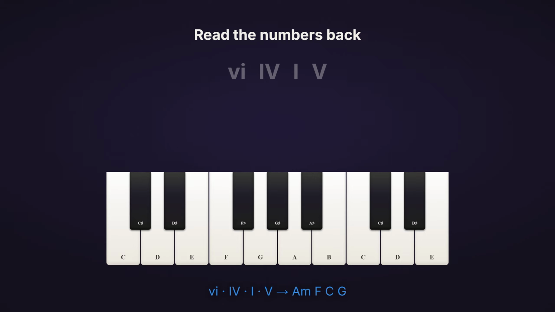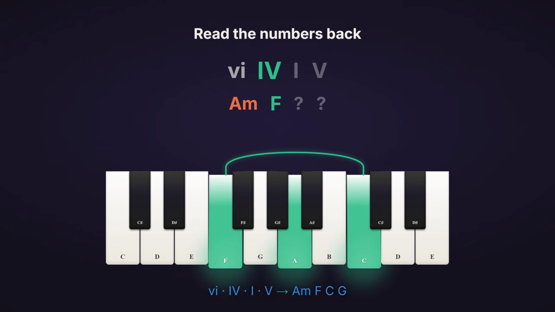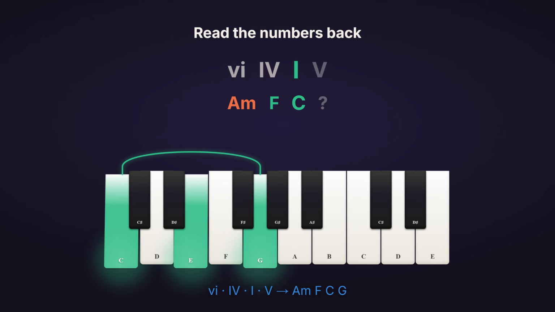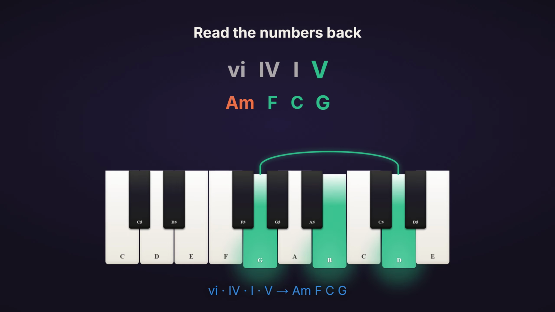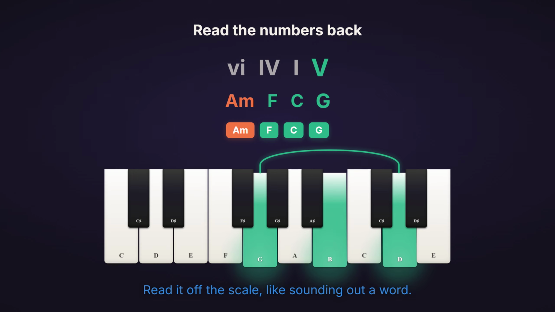Decode it, one numeral at a time. 6 is minor and lowercase, the chord on the 6th degree of C, which is A minor. 4 is major, the chord on the 4th degree, which is F. 1 is home, the chord on the 1st degree, plain C. And 5 is major, the chord on the 5th degree, which is G. Put them together and the numbers 6, 4, 1, 5 become A minor, F, C, and G. You didn't memorize that progression as four letters. You read it off the scale, the same way you'd sound out a word, and that means you can decode any numeral progression in any key the instant someone writes it down for you.